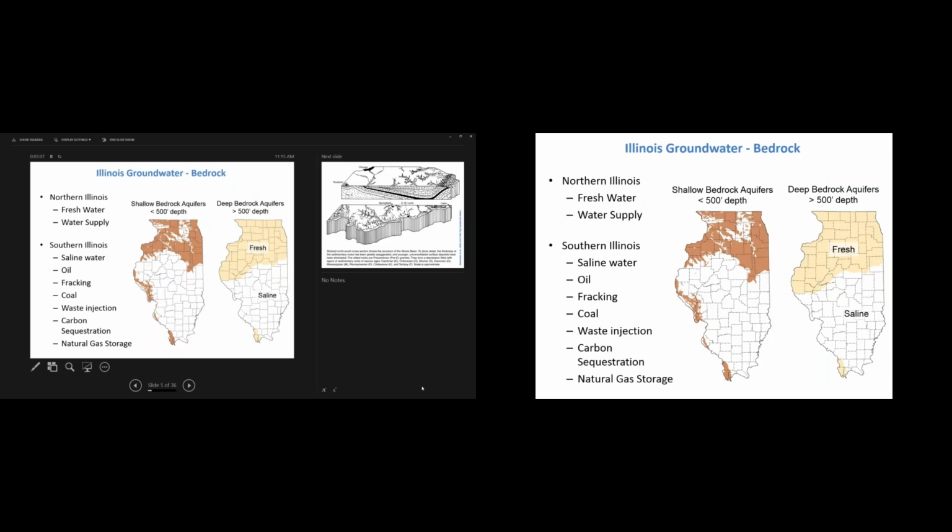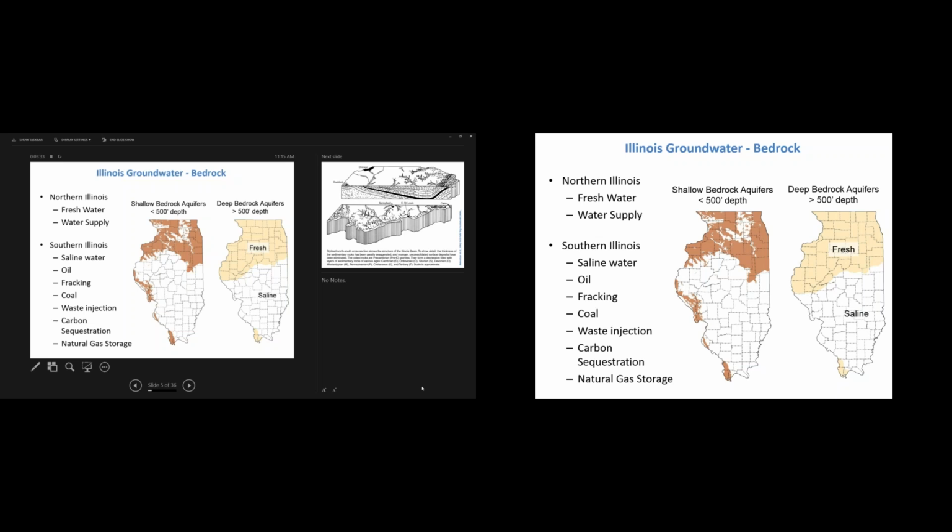So a little bit about our bedrock. In northern Illinois, obviously, it's freshwater. You can see the freshwater-saline line there. Our bedrock units go all the way into Kentucky, but we basically cut off our models to where it's freshwater.